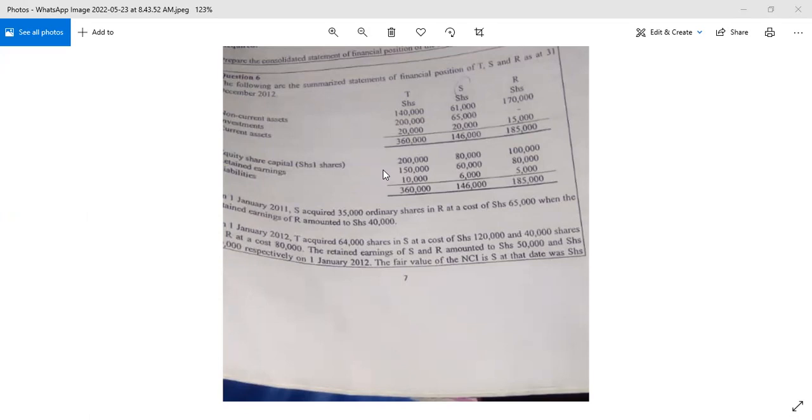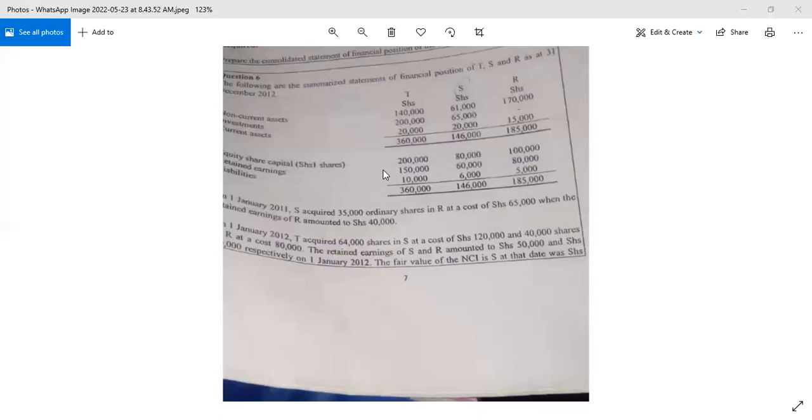Then T also has shares in R, and they're 40%. So the conditions are clear. As you can see, there's a relationship that is complex in nature. One controls another, then another controls another, then another has shares in another. That's what you look out for under complex. They're not straight.